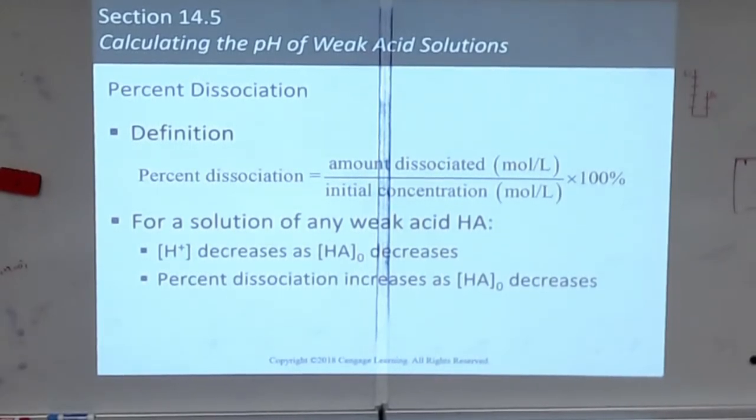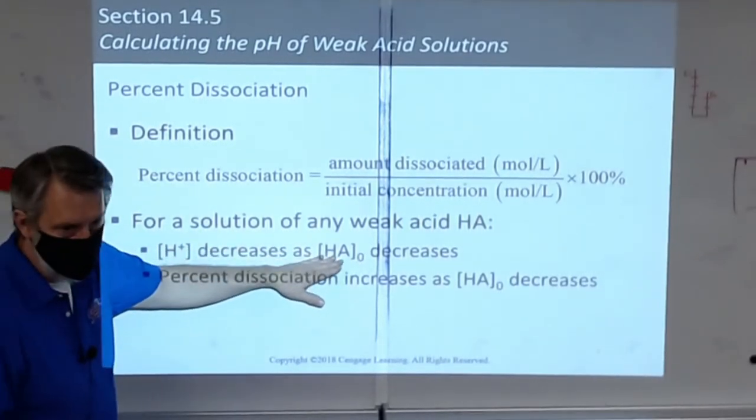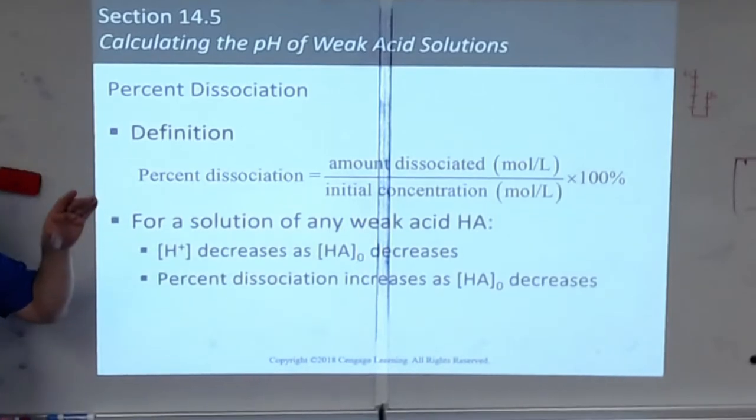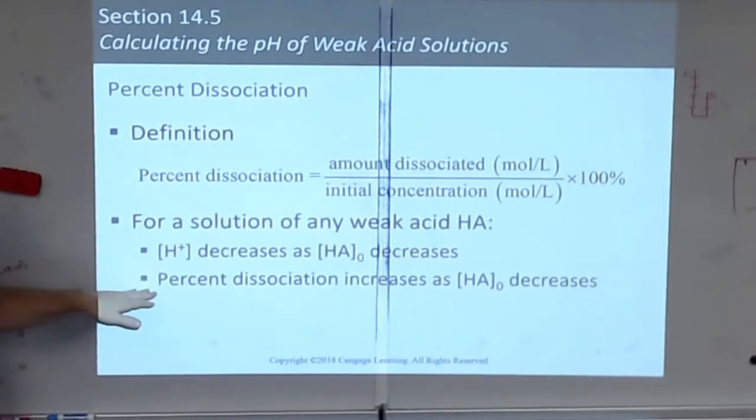Can y'all chew on that for a second? Sometimes students have a little trouble chewing on that. The amount of hydrogen ion decreases when I decrease this amount, but the percent dissociation increases as I decrease that amount.